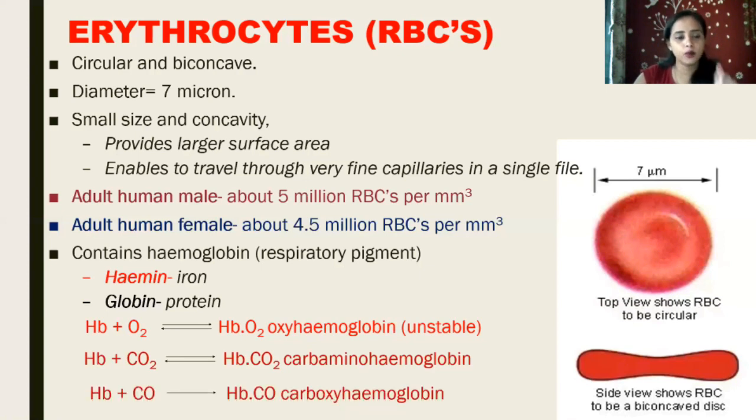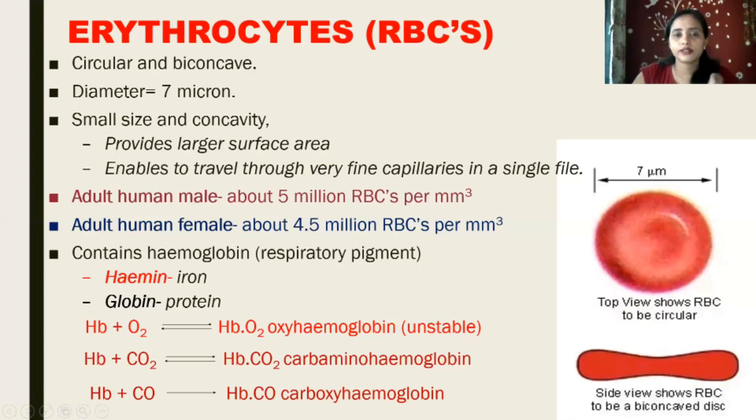And this hemoglobin has very high affinity towards carbon monoxide. It readily combines with carbon monoxide. When we inhale, carbon monoxide along with other components of air enters the lungs, and the hemoglobin of the red blood cell is going to absorb this carbon monoxide rather than absorbing oxygen. So it absorbs carbon monoxide and forms a strong complex, carboxyhemoglobin.